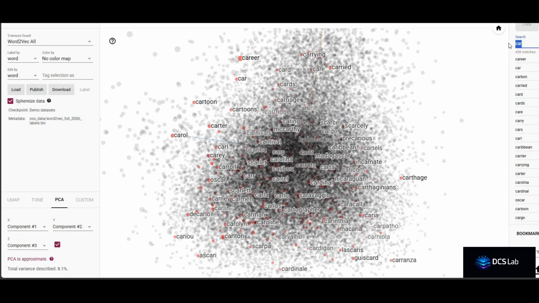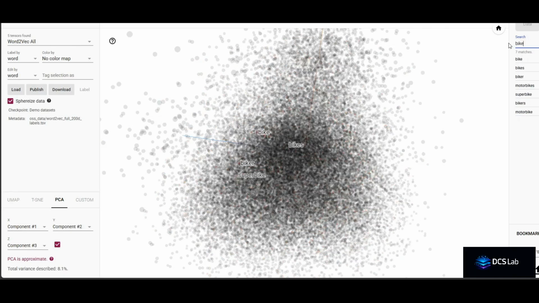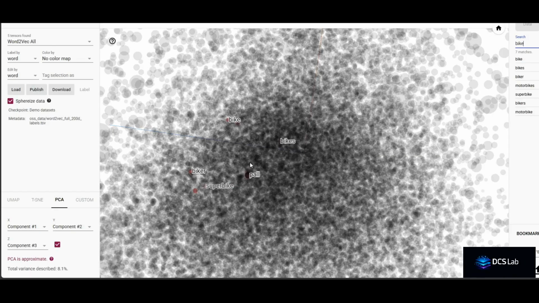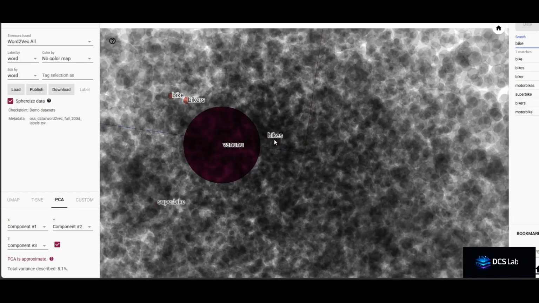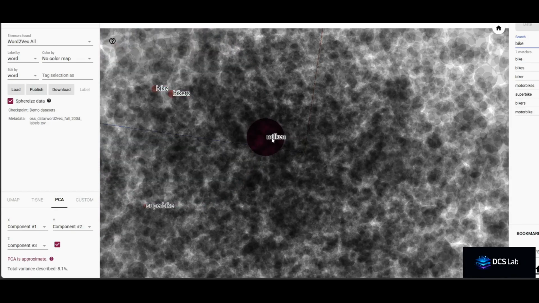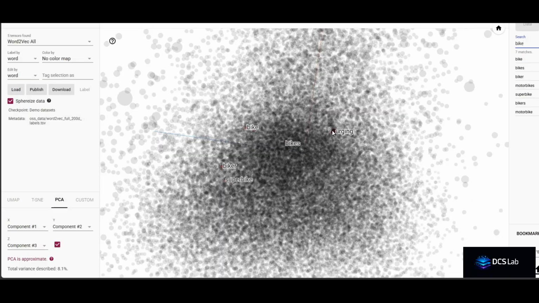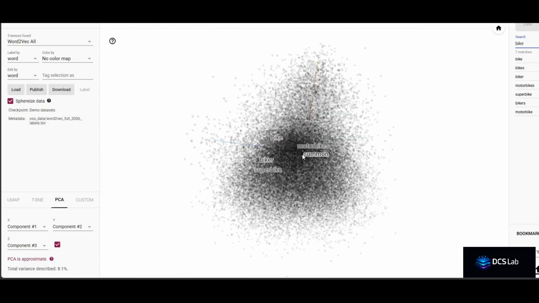If I say bike, see, bike, bikes, super bikes, and there are more besides this, isn't it? Motorbikes. So that's how you can play with these and try to understand how vector embeddings help to make things pretty clear and capture the hidden patterns between different words. That helps us to find out which family they belong to, because just by looking at the cluster, you can identify it.